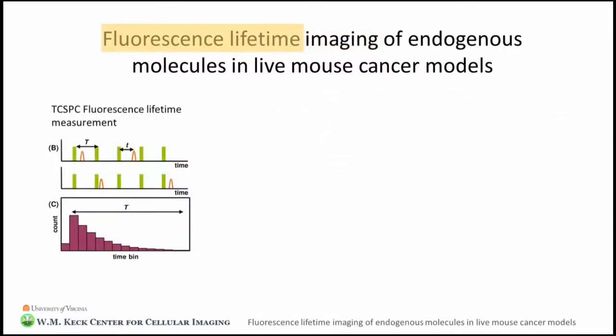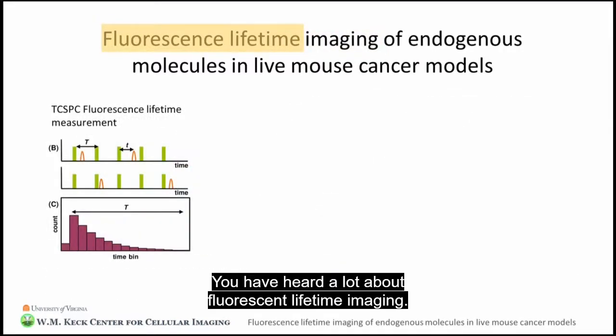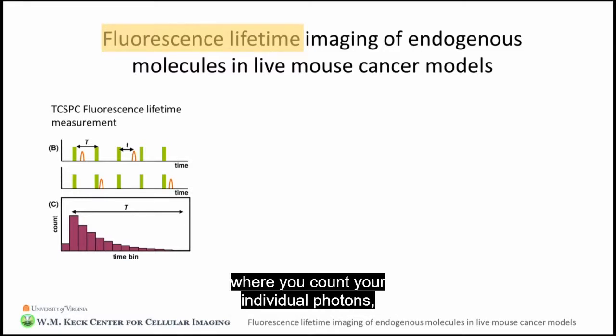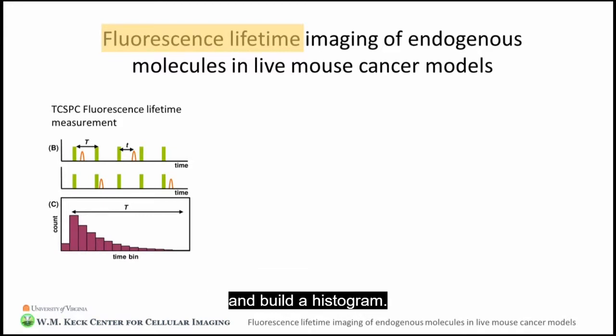You have heard a lot about fluorescence lifetime imaging, so just very briefly, we are using TCSPC, time-correlated single photon counting, where you count your individual photons, measure the time difference to the nearest pulse, and build a histogram.